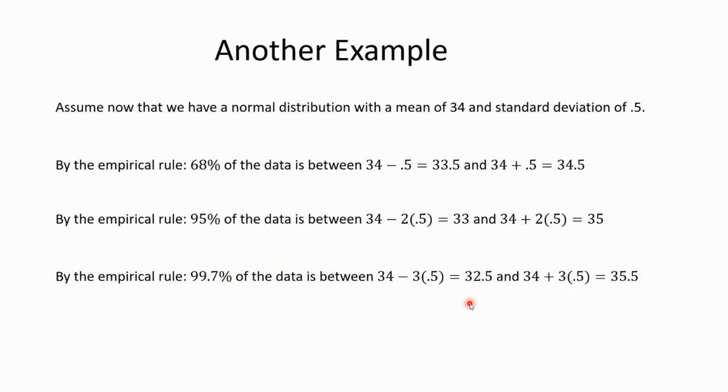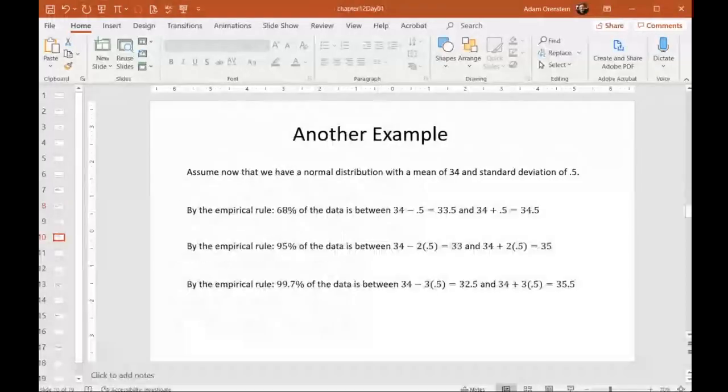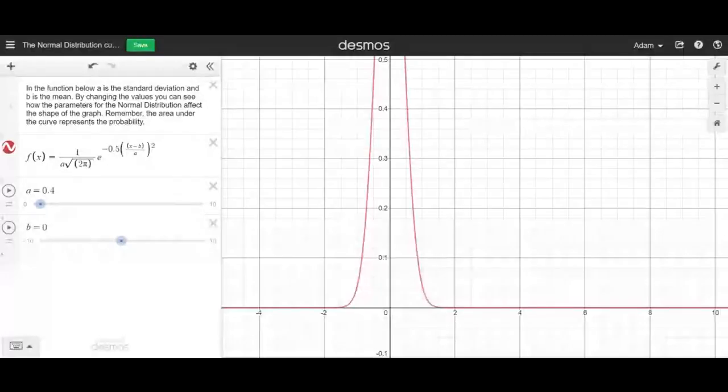So suppose now we had a normal distribution with a mean of 34 and a standard deviation of 0.5. If you were to draw that, you could try drawing that. Let me go back to Desmos. Let me share that. I think I said the mean is 34. Oh, wait, it's not going to show up here.